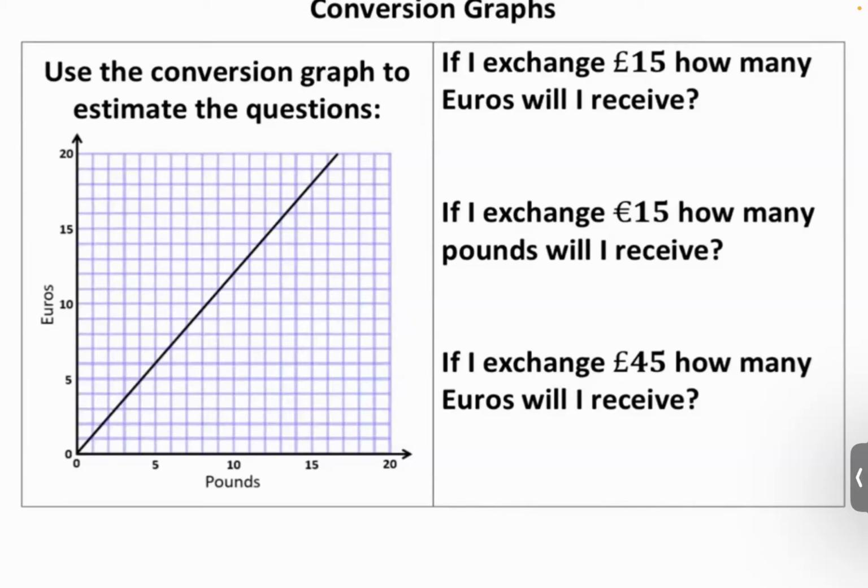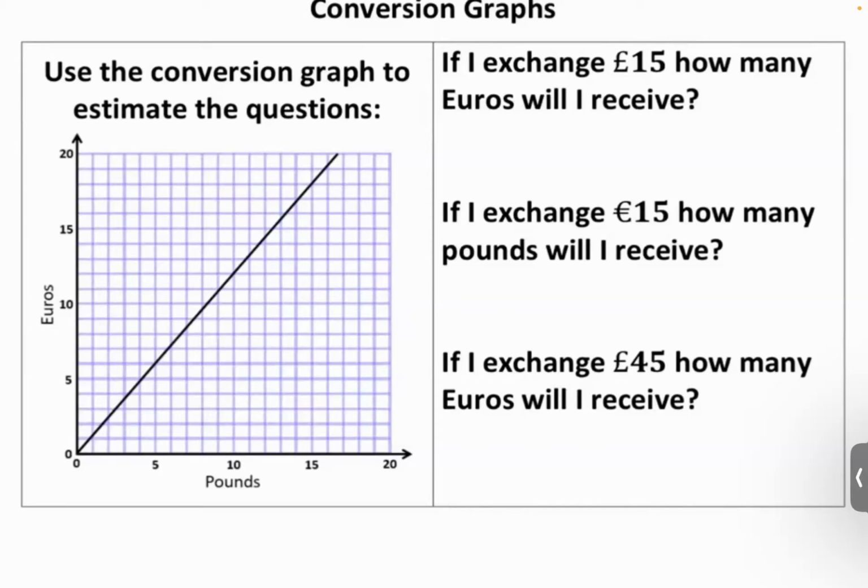No. Okay, so this is the whole idea. Now, this graph is a straight line graph, isn't it? So now we understand it. All we need to do now is to find its equation. Every straight line graph has an equation. That's why you see y equals mx plus c.